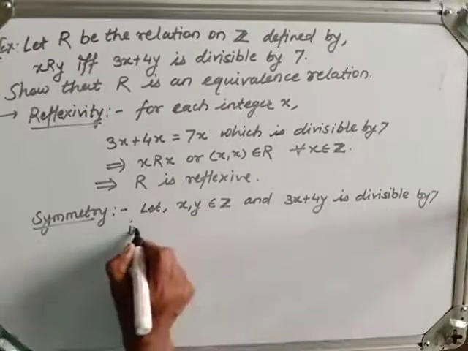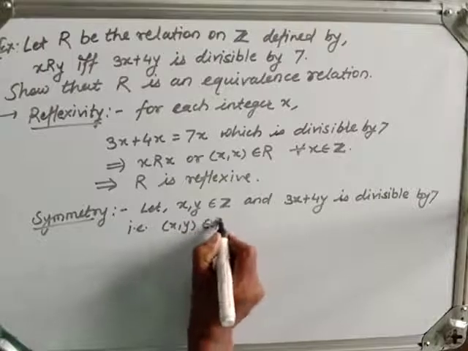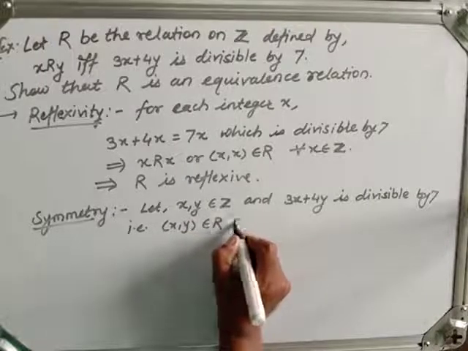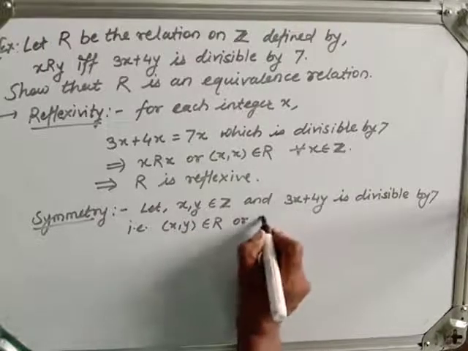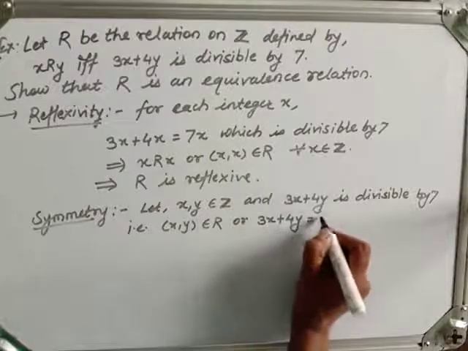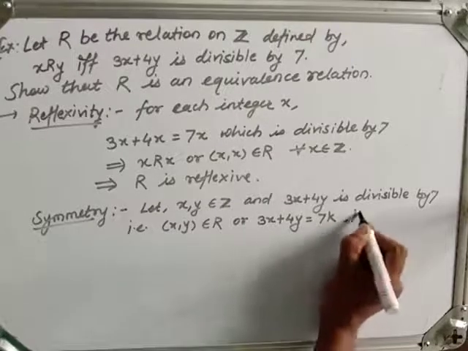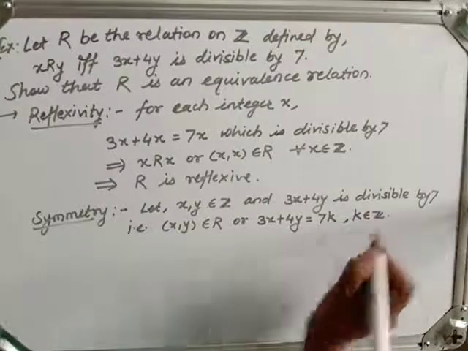That is, (x,y) belongs to R, or we can say 3x plus 4y is divisible by 7, which is the same as 7 times k for some integer k.